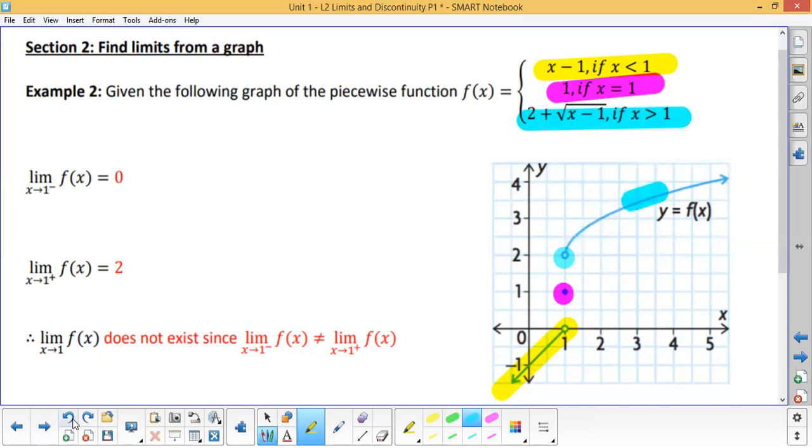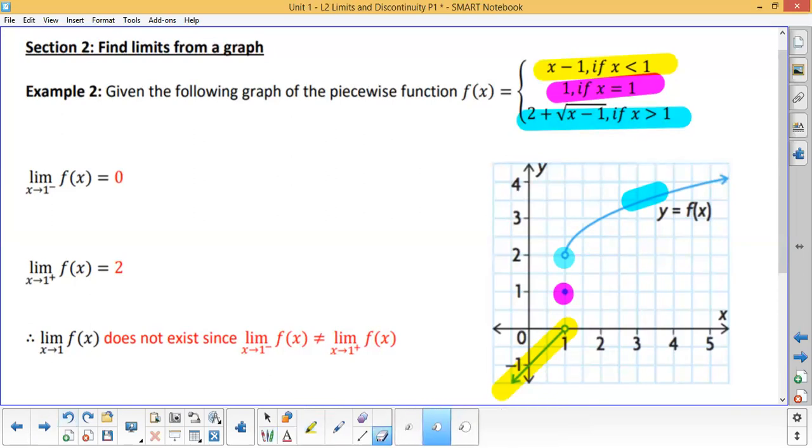Now, because both of those limits are not the same, and obviously this function is not a continuous function, this means that the limit of f of x at 1, when x is equal to 1, does not exist, because the limit as we approach from the left is not equal to the limit as we approach from the right.